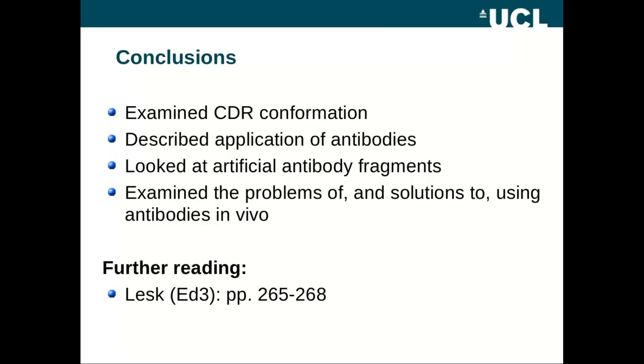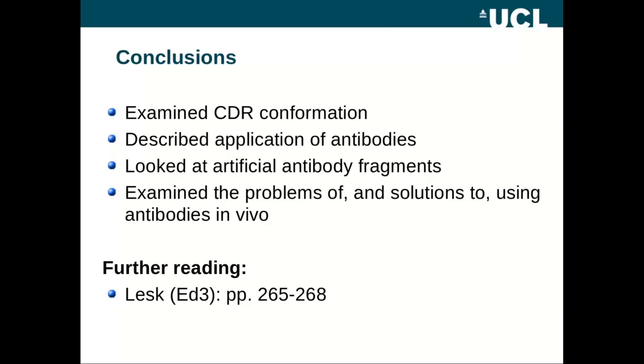We described some of the applications of antibodies both in vitro and in vivo. We looked at artificial antibody fragments, in particular based around Fabs and single chain FVs, but also mentioned this huge plethora of different formats that people are starting to produce based on antibodies with multiple specificities in order to be able to cross-link things.